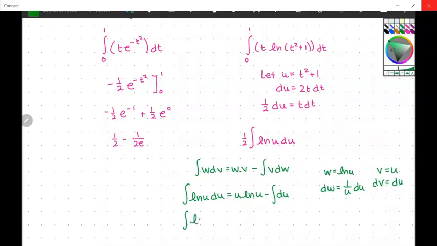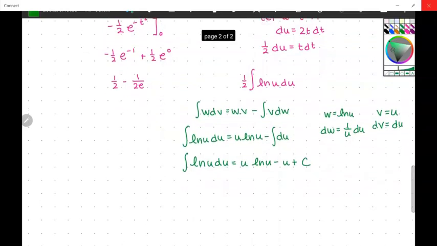So the integral of the natural log of u du is u natural log u minus u plus c. The natural log function is one of those where, if you just have a natural log and nothing else, it's got to be an integration by parts problem. So any questions how we got that?